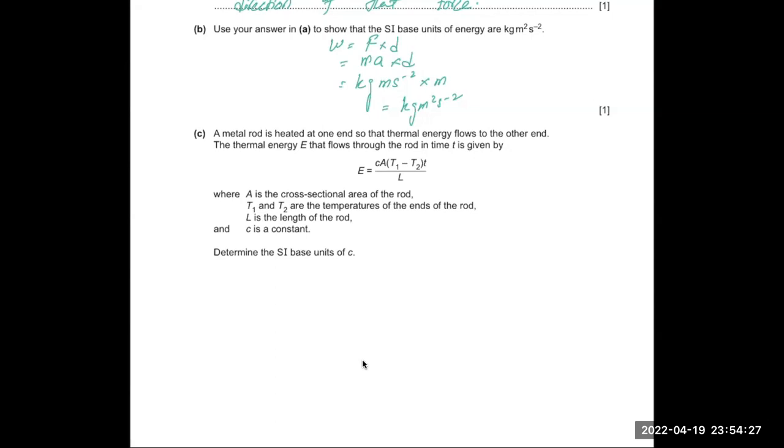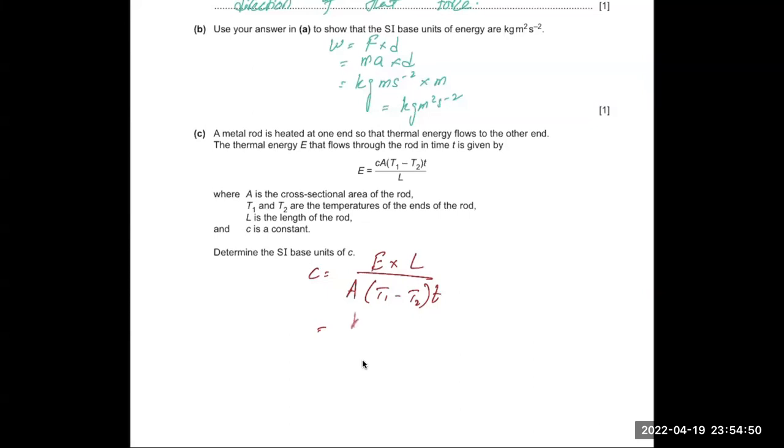If you substitute the units first and then shift them around, that may result in some error. So C = E times L upon A, (T1 - T2) into t. And once you've done that, just plug in the units.